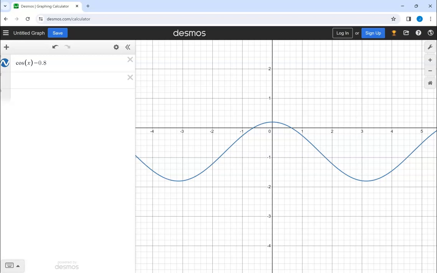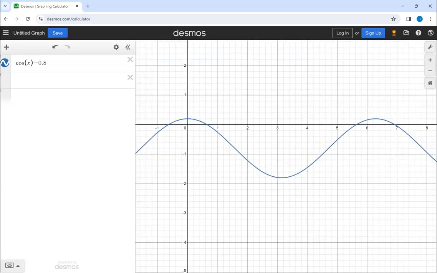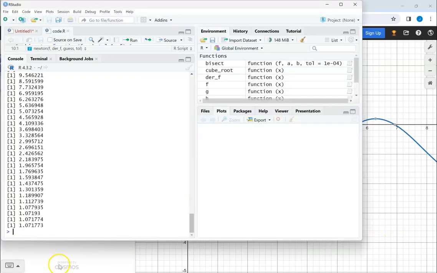So say you were looking at this particular function and you wanted to find this root that I just clicked on, that one there. Well, again, if I pick a guess close to it, it'll probably work pretty well. But let's play with it a little bit and see where you might get a bad guess here.